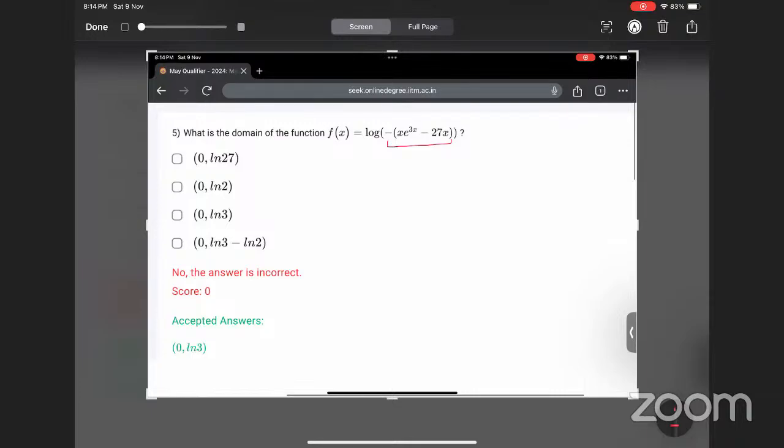So you have to take this function as greater than 0 always. When the question is to define the domain, just take this middle portion as greater than 0. Then it will imply x(e^(3x) minus 27) is greater than 0. Now can you solve it?